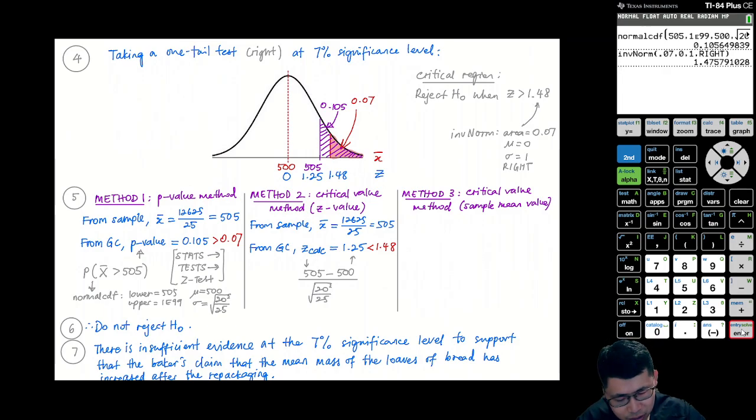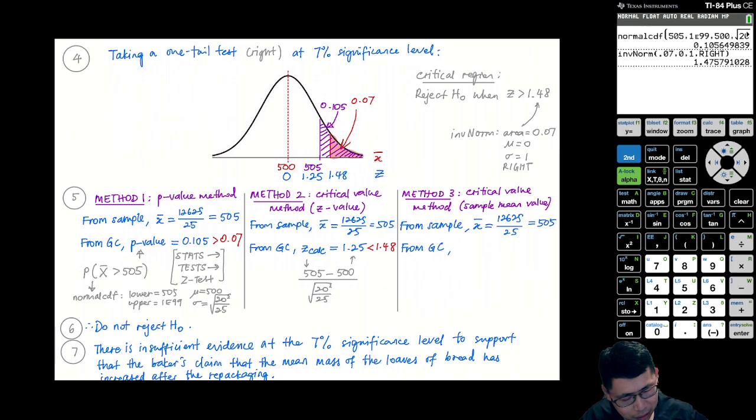So for method 3, it's the same thing. It's just that now we are looking for the same process. From the sample, this one is 12625 over 25, which once again is 505. Then from GC, we will need to establish our critical region.